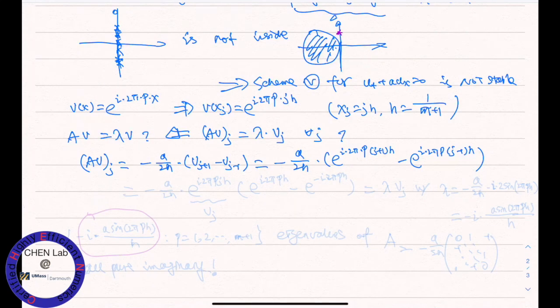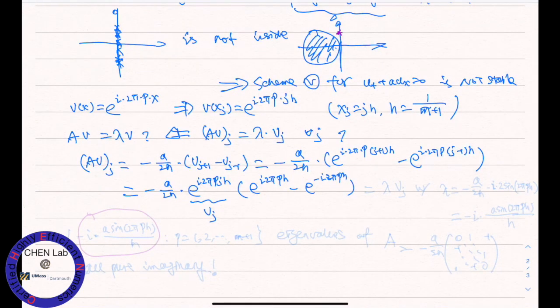This is pretty easy to simplify. We get negative a over 2h, and if we factor out e^(i 2 pi p jh), what we have left is e^(i 2 pi ph) minus e^(negative i 2 pi ph). The factored-out part is nothing but V_j.